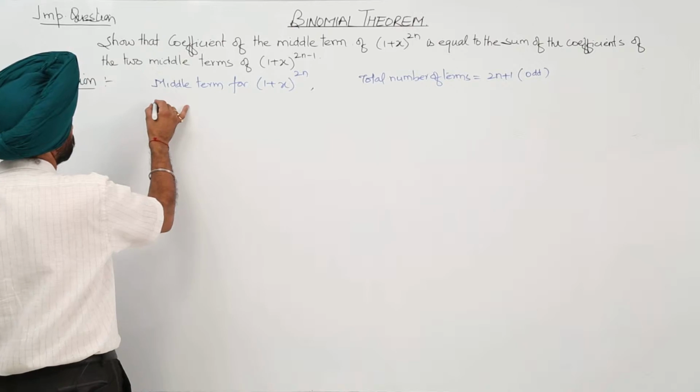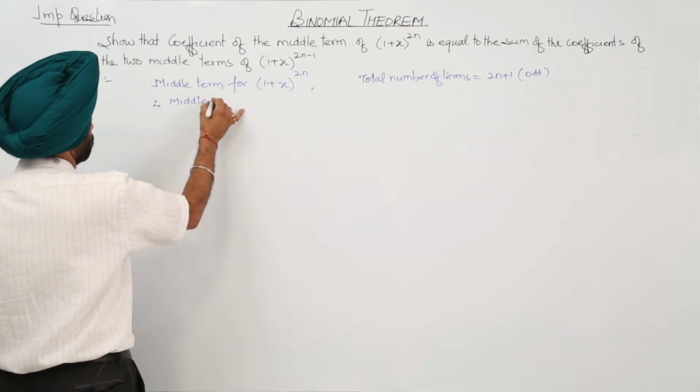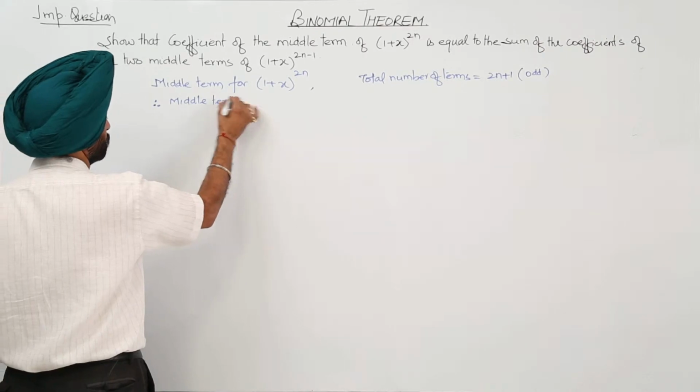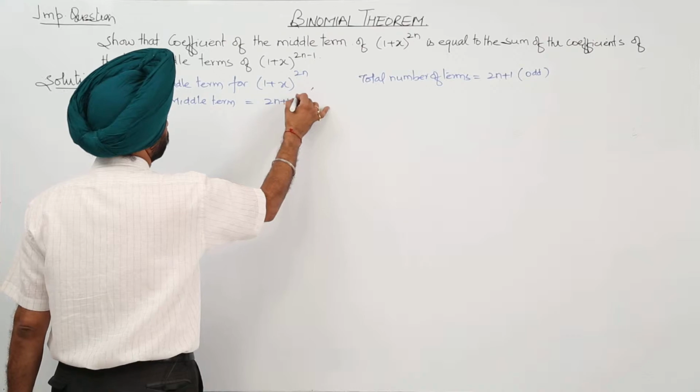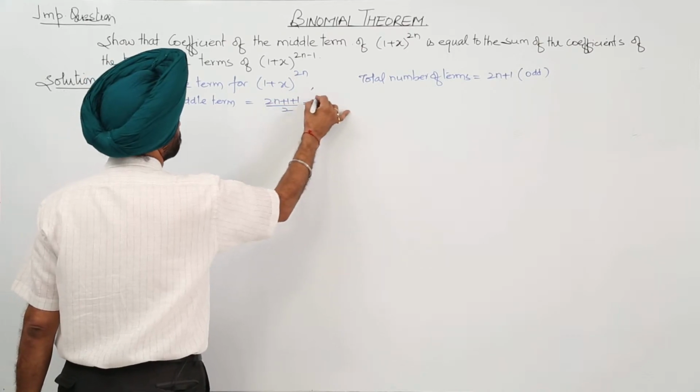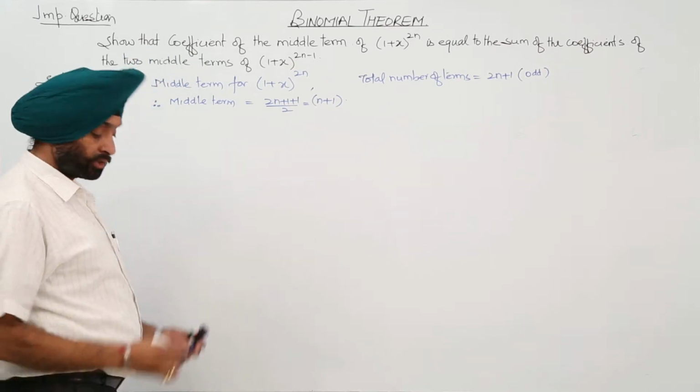Therefore the middle term is equal to (2n + 1)/2, this is n + 1. Is it clear?